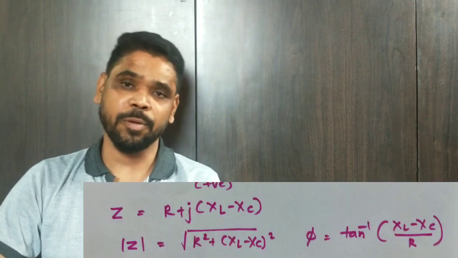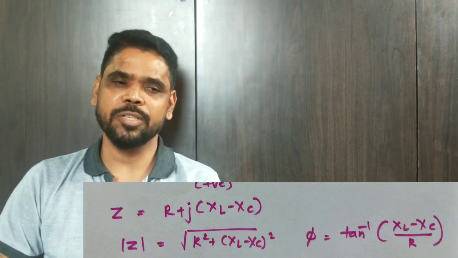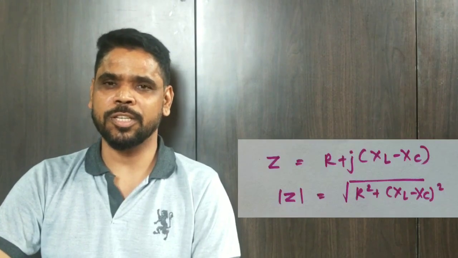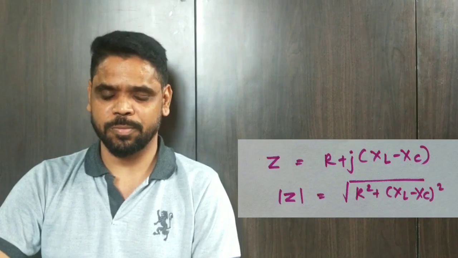Now in the case of AC circuits, the effective resistance offered by an AC circuit consisting of R, L and C components is given by an impedance Z. The impedance Z is a combination of resistance and reactances. The effective resistance R plus reactance is given with the imaginary term, which is j into XL minus XC.